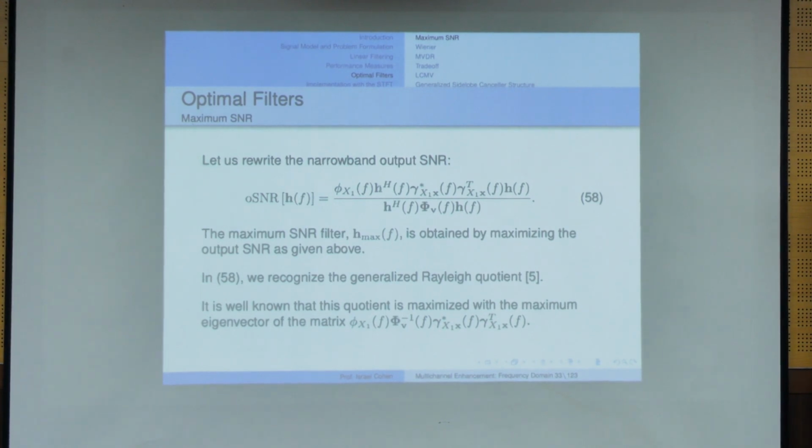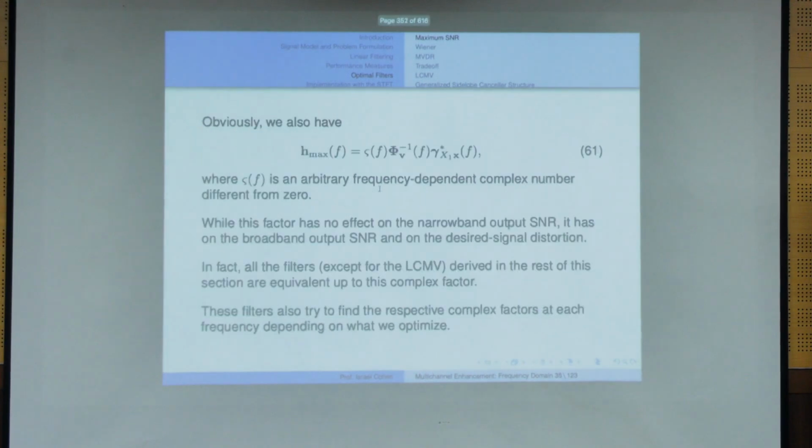That's why when you compare, suppose that I have other filters. We will talk about the Wiener, the MVDR, the trade-off. We will see that all of them are proportional to phi v minus 1, this matrix, which is m by m, multiplied with the vector of the partially normalized coherence function.